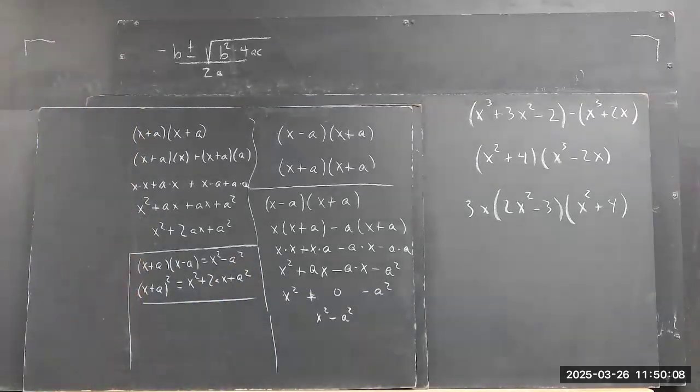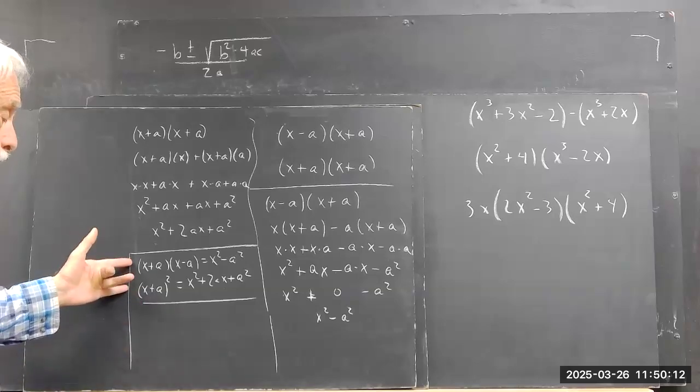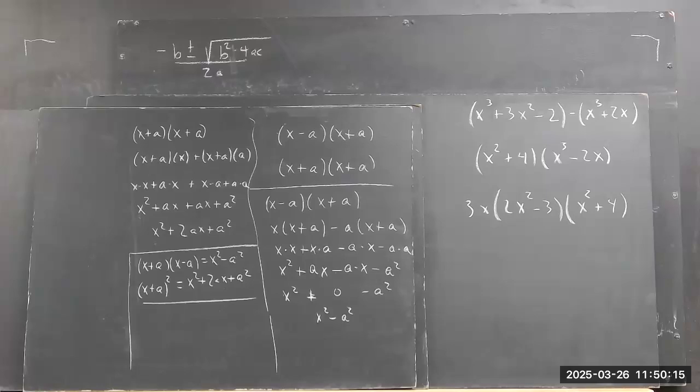There are two patterns that occur often enough that we do a special section on them. And there's a couple other patterns. There's one for x plus a cubed and x minus a cubed.